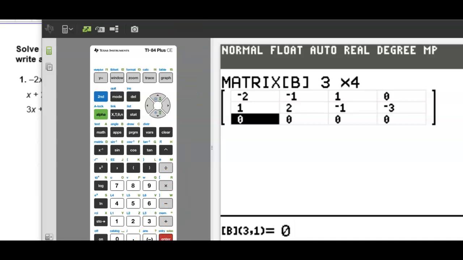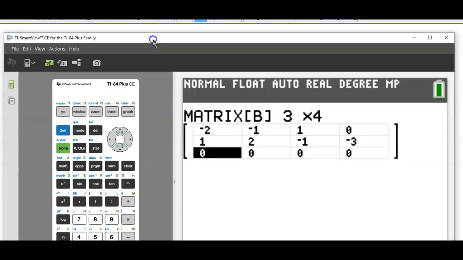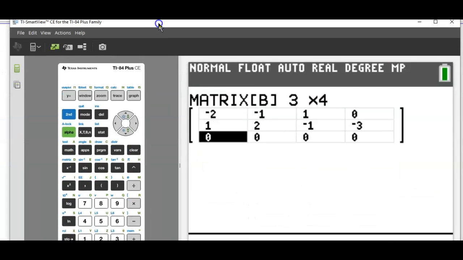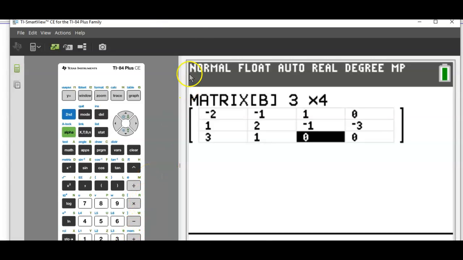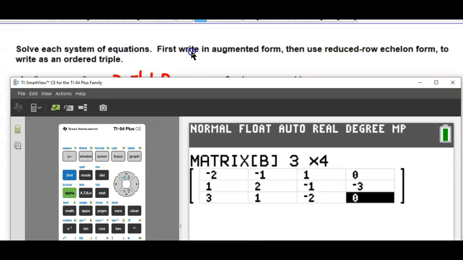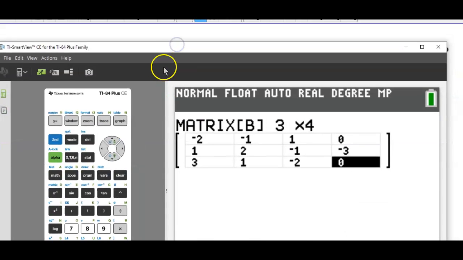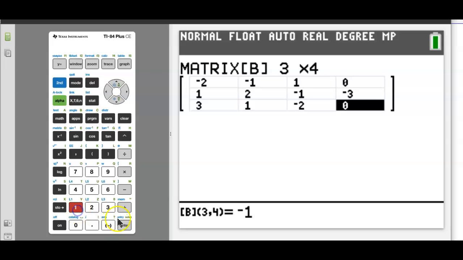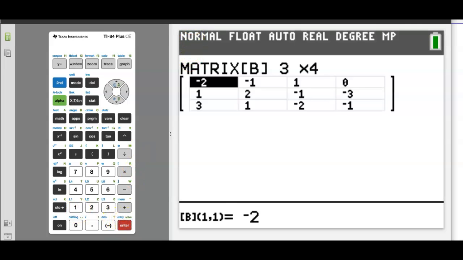Okay, I don't know if I remembered that right or not. So far, so good. 3, 1, negative 2, negative 1. What was the last one? Negative 1. Okay, proofread.